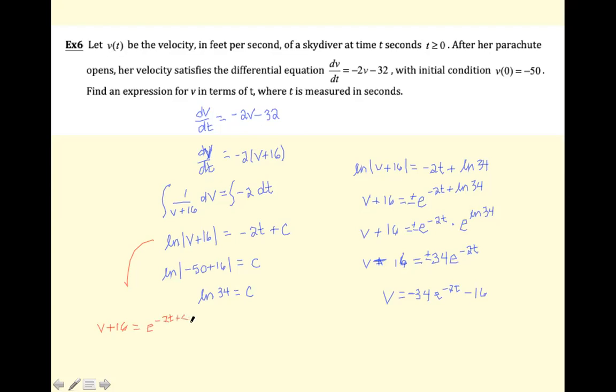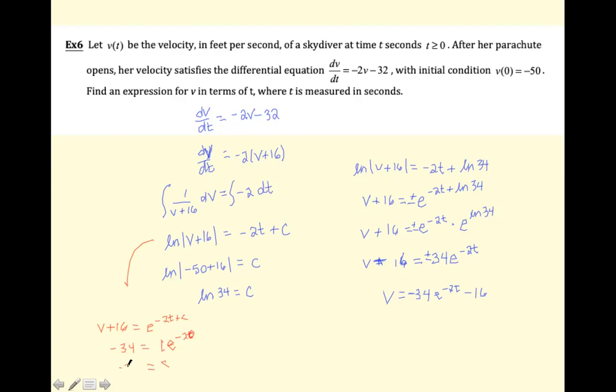Now put in my initial conditions. I have negative 50 plus 16, which would be negative 34, equals c e to the negative 2t. Oops, but we're doing it when t is 0, sorry. So that turns into a 1, and we get that our c is negative 34.